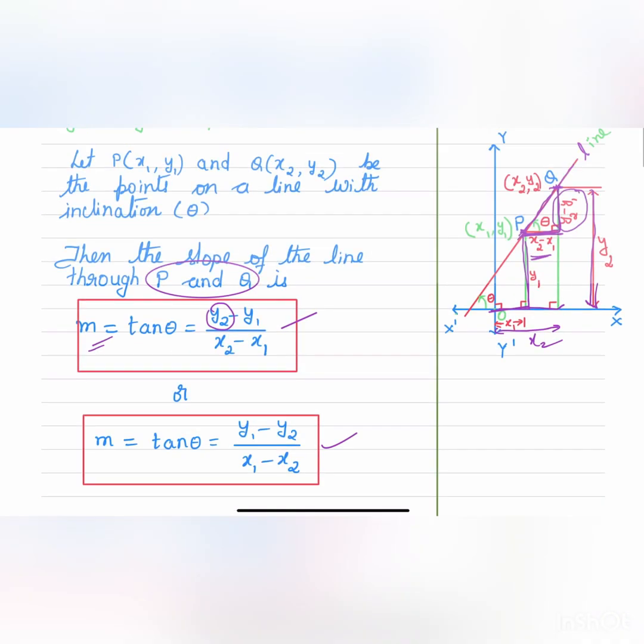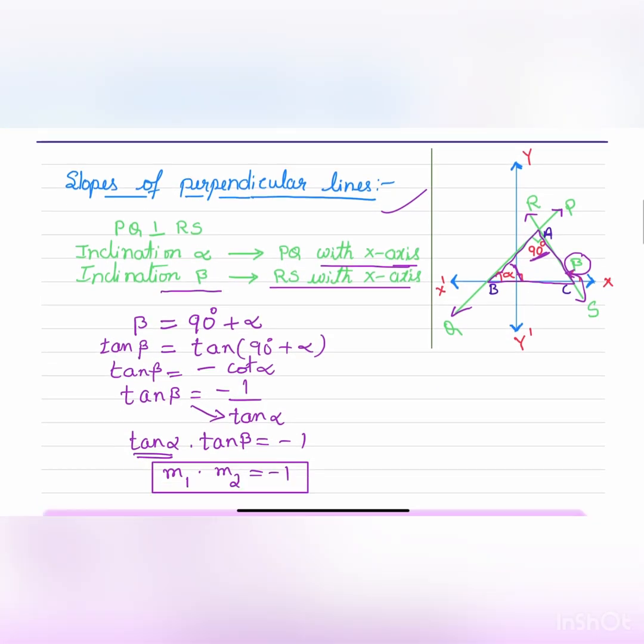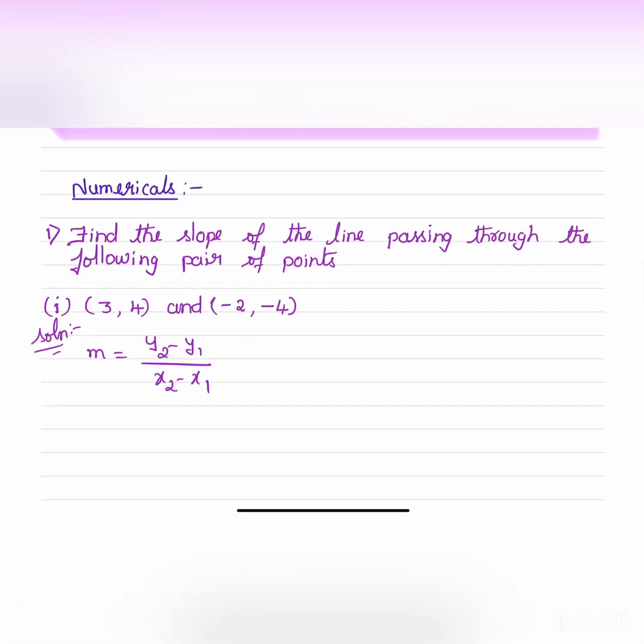This is the formula. Let us take this as x1, y1 and this as x2, y2. So let us substitute the values in the equation. We will get y2 as minus 4 minus 4.